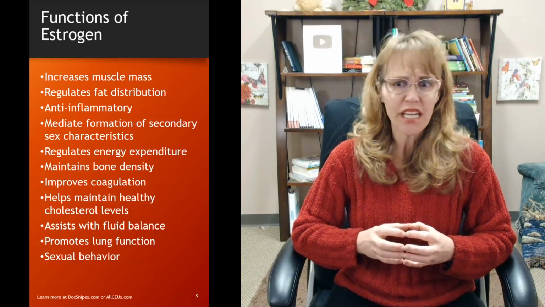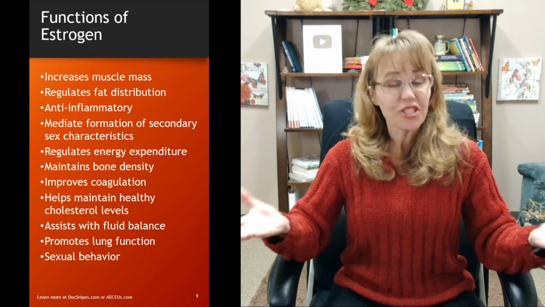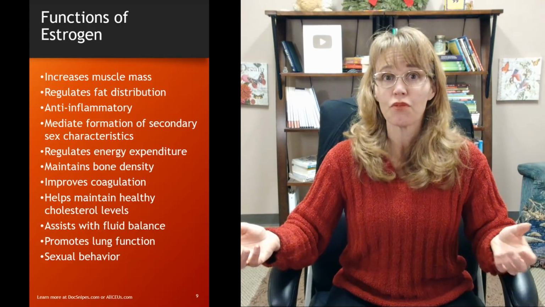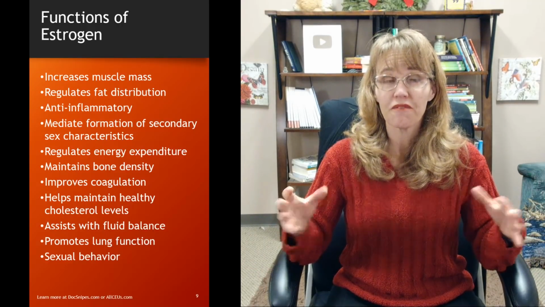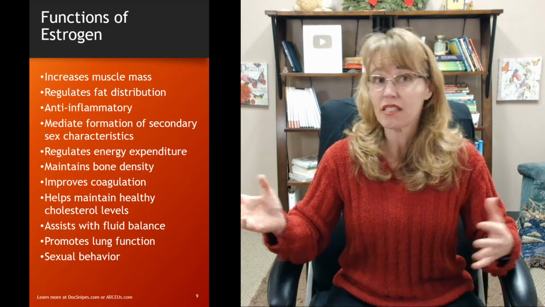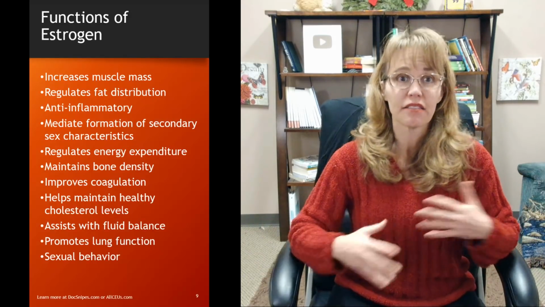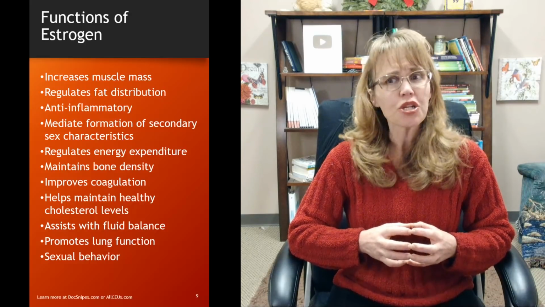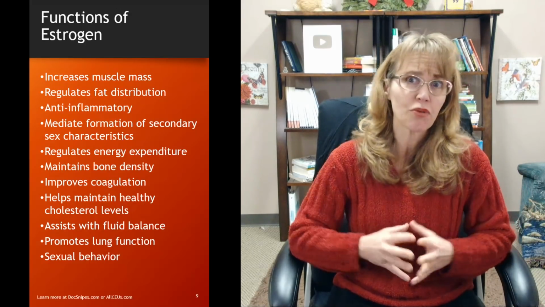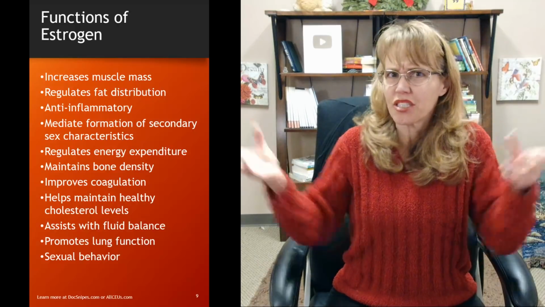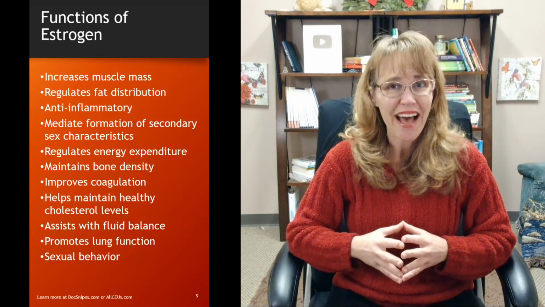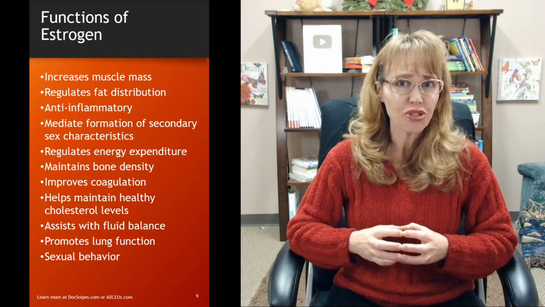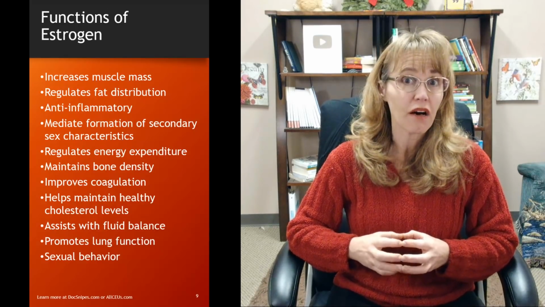Estrogen also assists with fluid balance, and we know this when we see fluctuations in estrogen levels. We can see water retention during certain times of the monthly cycle. It also promotes lung function and sexual behavior. Lung function's kind of out in left field, but they have found that adequate levels of estrogen can be protective of lung function.